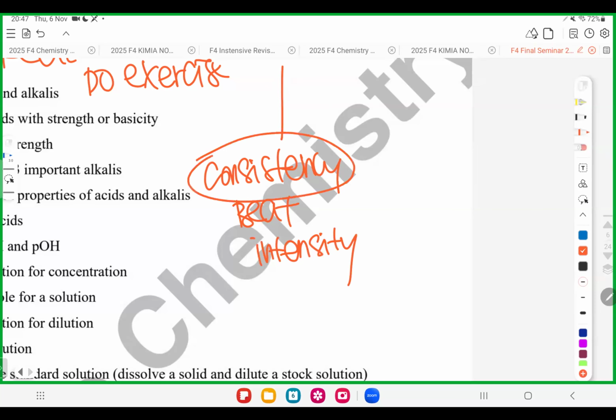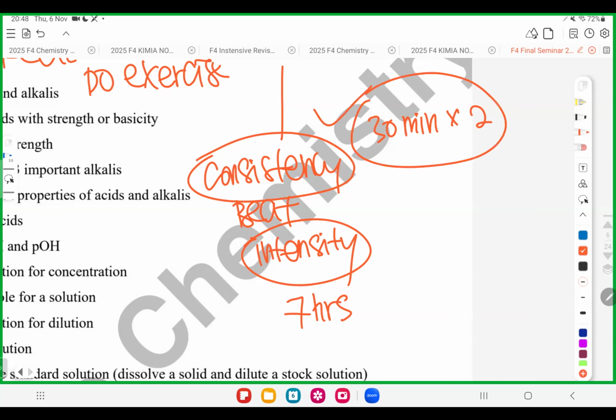One person does it consistently, going to the gym 30 minutes, only 30 minutes, 2 times in 1 week, only 1 hour. Another person goes to the gym 7 hours in 1 day, and after that never does it again because he is so tired, the muscles also pain. So in the long run, who will get results? This fellow. But this fellow only 1 hour, this fellow 7 hours. You get the idea?